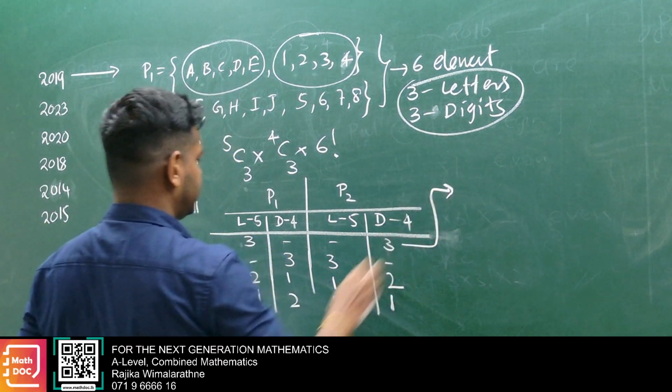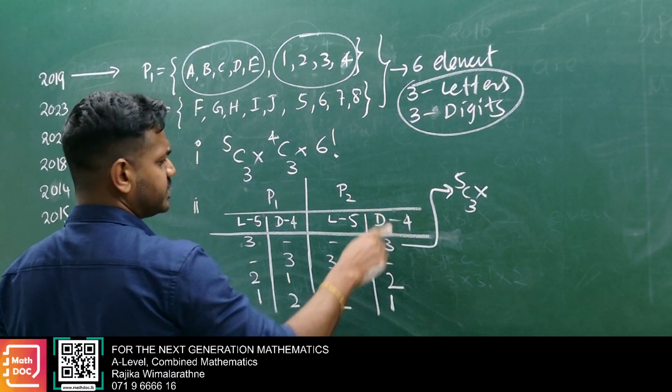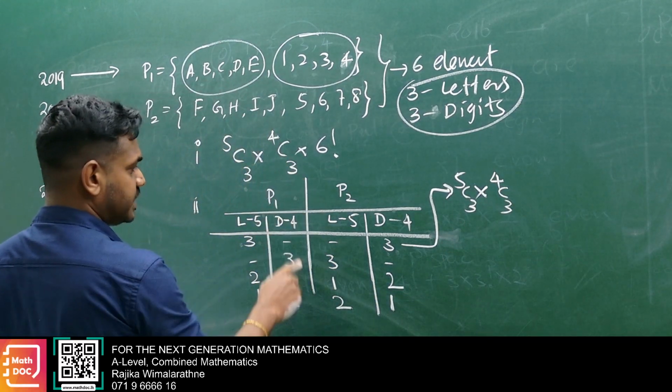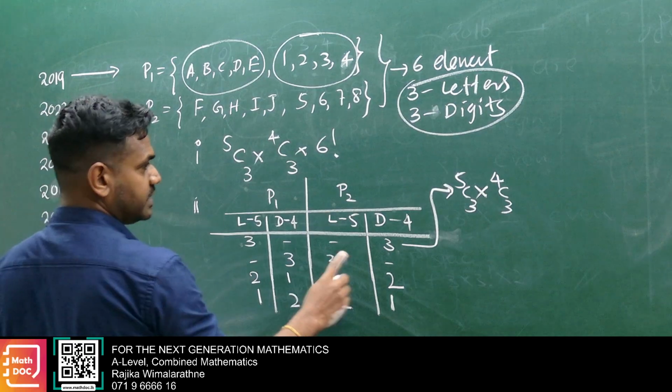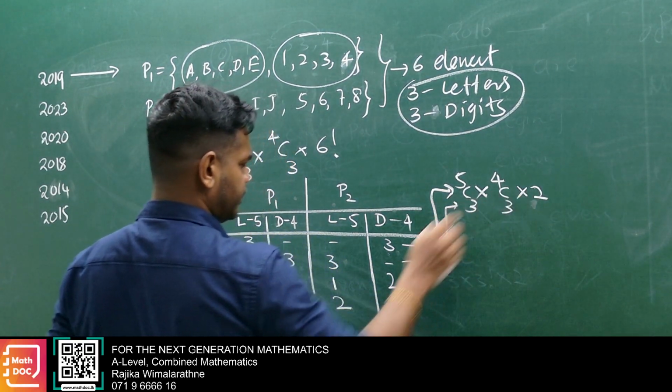Now here this one, 5C3, 4C3. Here 4C3, 5C3, then twice, times 2.